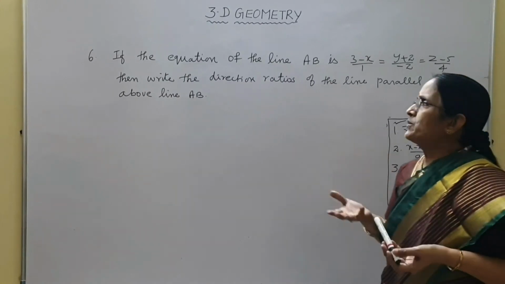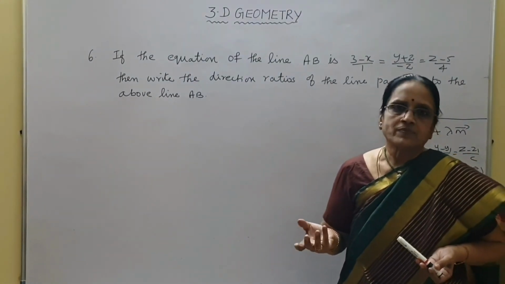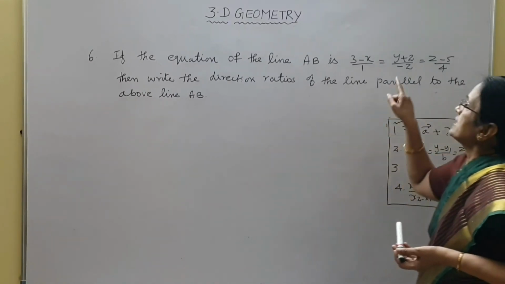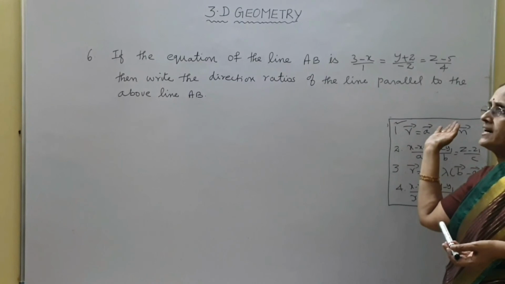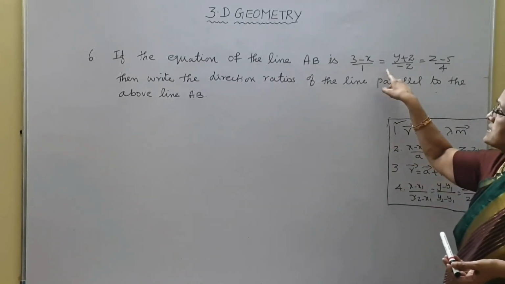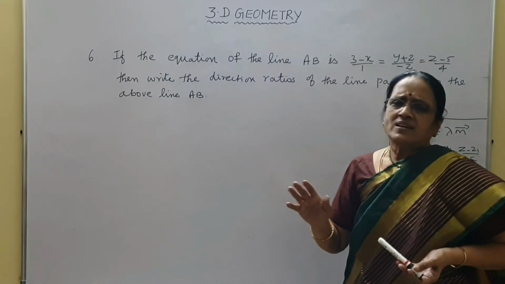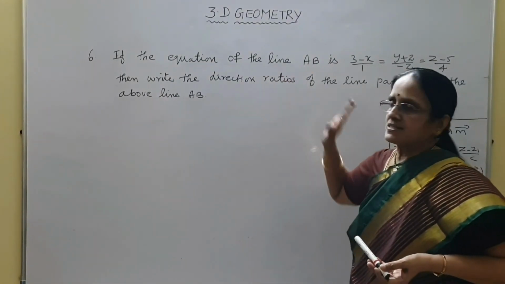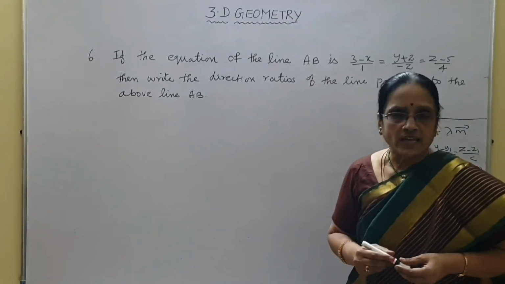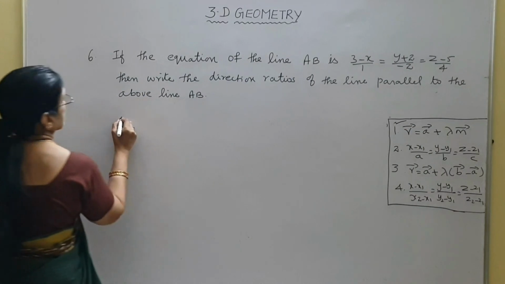When two lines are parallel, the DRs are proportional. So once you find out the DRs of this line, the DRs of the line parallel to it are also going to be the same. It's very simple. This question was asked in the Delhi 2011 compartment paper. Let's do it. Solution.